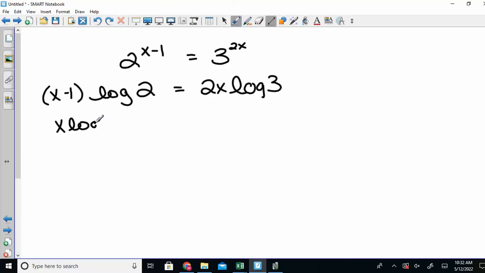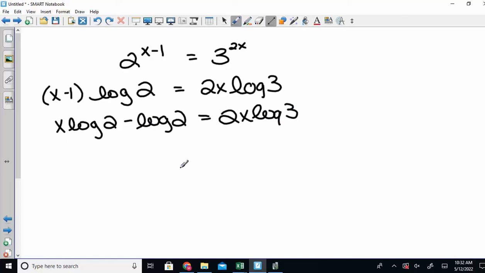So we get x log 2 minus log 2 equals 2x log 3. We need the x's on the same side.